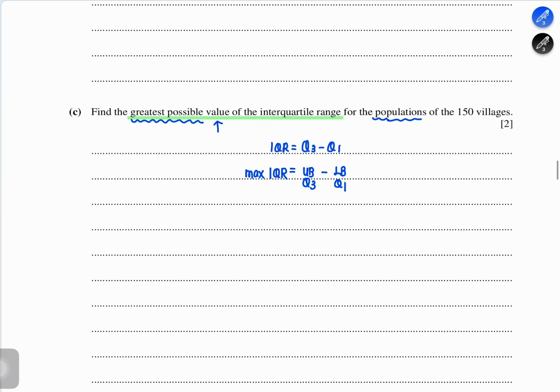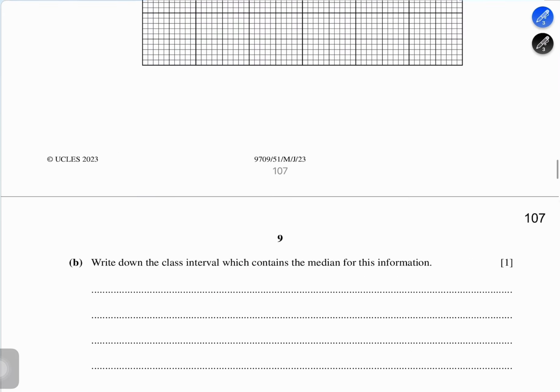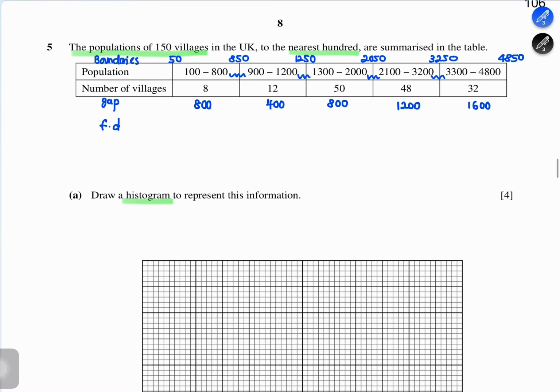So what they did, they went and found the quartile 3. What is the formula to find the Q3 or the Q1? Q1 is the first 25% of your data set. 25% is 1 over 4, and what is your sample size? It's 150 villages.